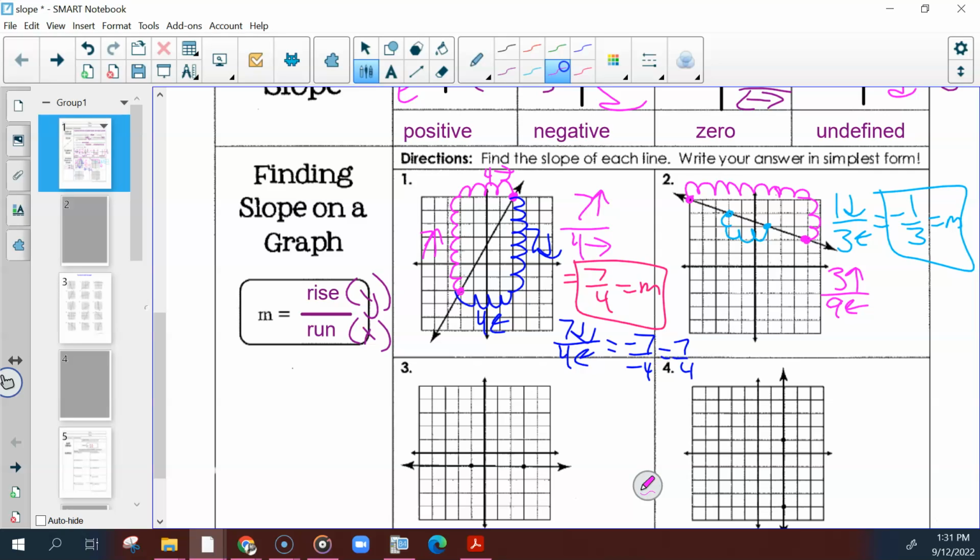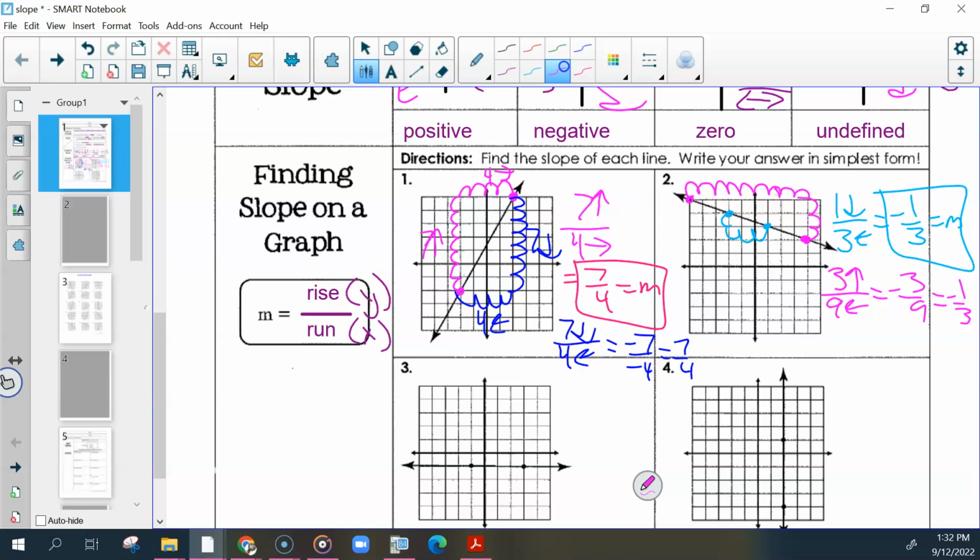If I was going up 3 and to the left 9, I would get a negative 3/9. Put your negative, even though left is negative, put it in the numerator or outside of it. This would simplify to still be negative 1/3. So always simplify your answers.